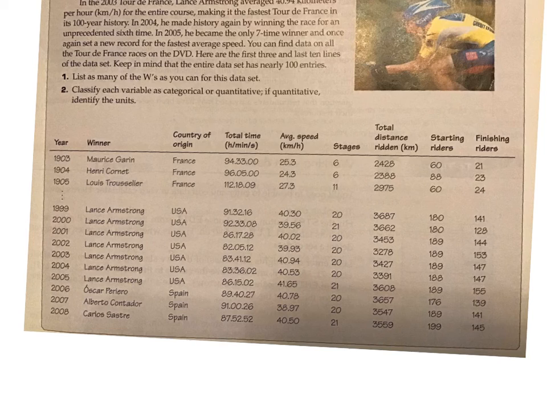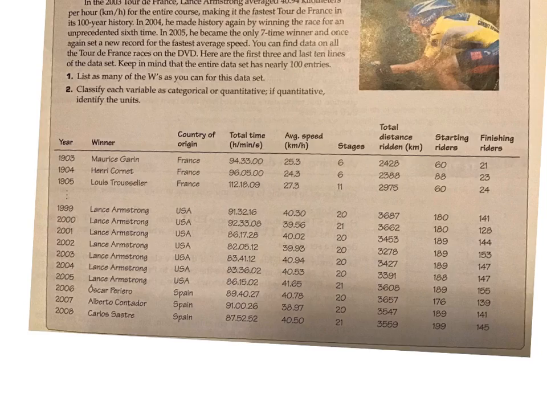Let's put these into the category of quantitative or categorical. First, the year. The year can be considered quantitative or categorical based on what we want to do in the interpretation. Once again, that is a why question.